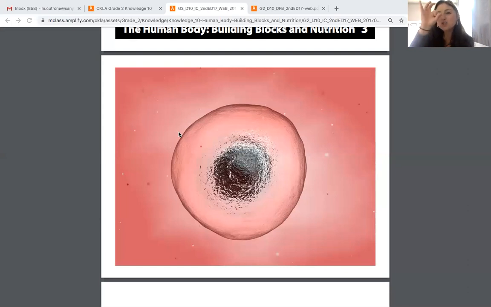Now, cells are so tiny that you can only see them under a microscope. If you remember, a microscope is a tool that magnifies or makes things really big. So you can look at cells under a microscope like it's shown here. Now, we know that billions and trillions of cells make up the human body. That's so many, I can't even count.